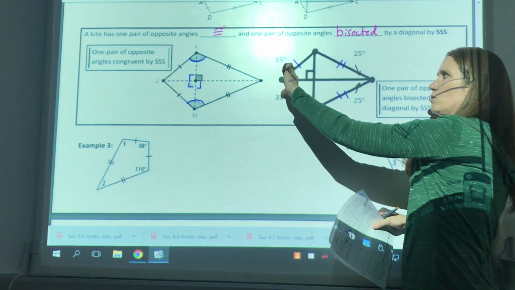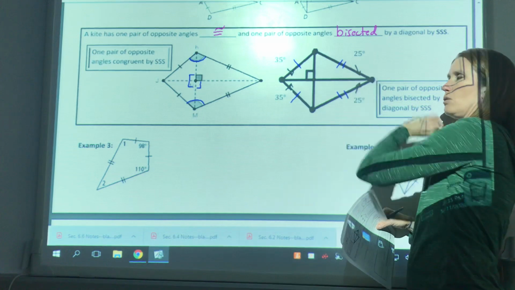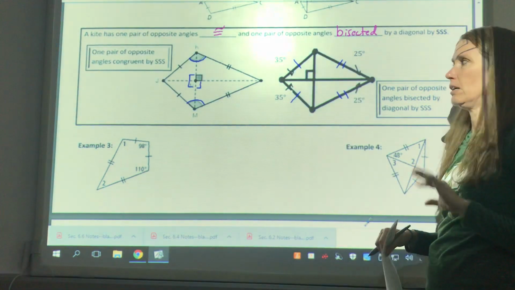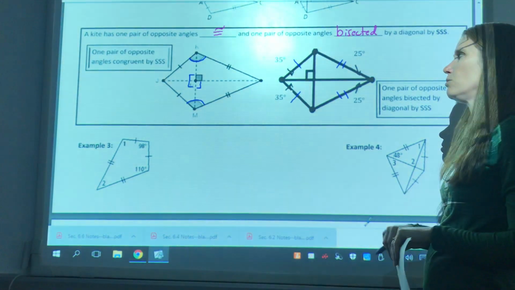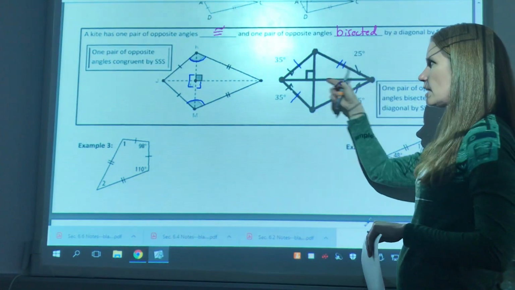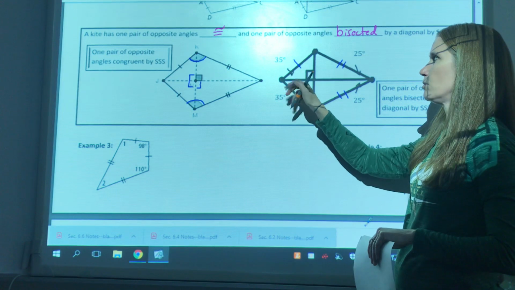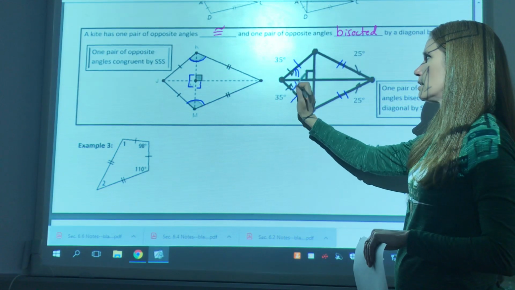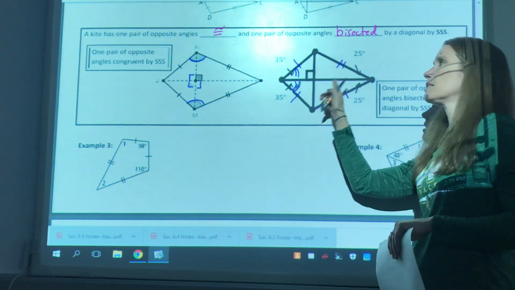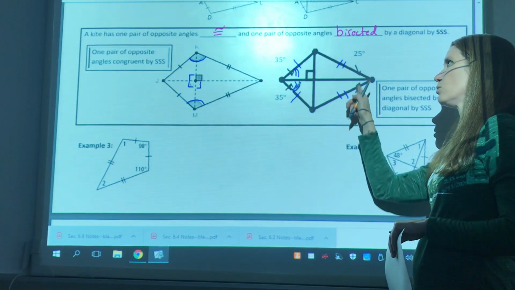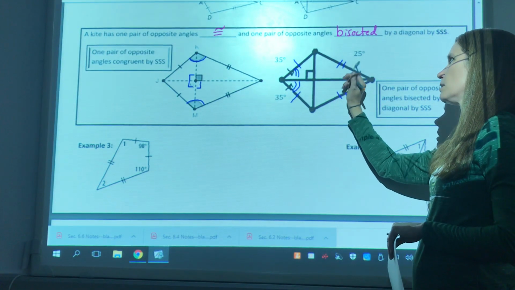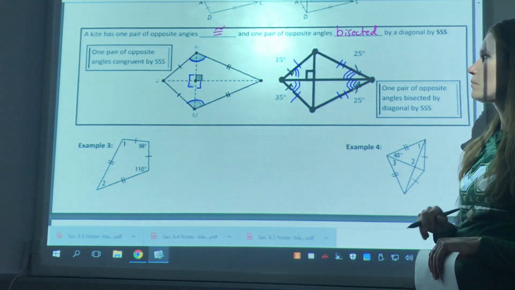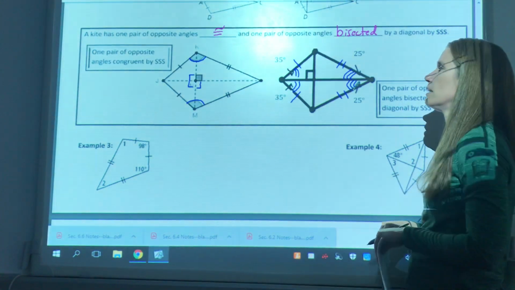In between these two congruent sides and in between these two congruent sides, this whole angle is not congruent to that whole angle. But I do know that this diagonal is bisecting this angle, meaning this angle is congruent to this angle. And I know that this diagonal is bisecting this whole angle, which means this one is congruent to that one. Okay? And again, that's by side, side, side.